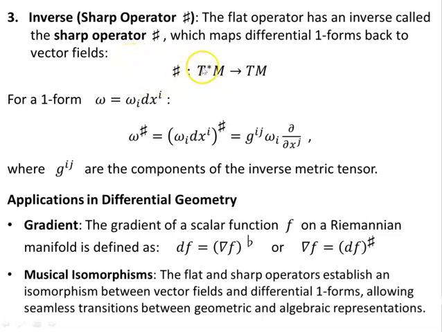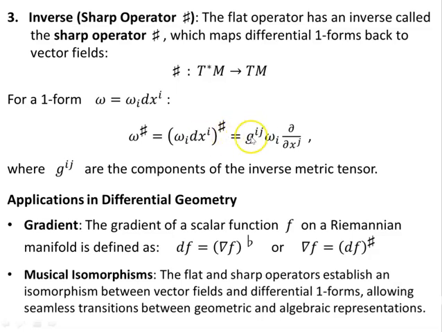So sharp is a map from the cotangent bundle to the manifold M to the tangent bundle to the manifold M. Okay, so for a one form omega is omega_i dx^i, then the omega sharp is the sharp of that. Sorry about that. Okay, raising it.